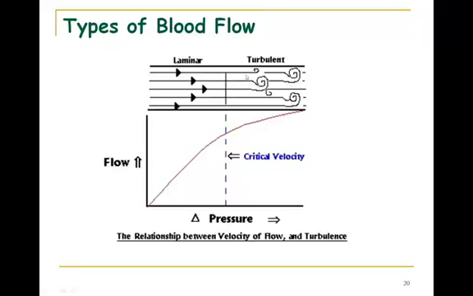It's kind of choppy, not nice and smooth. With laminar flow, which is mainly what we're going to have in our circulation, the blood flows in sheets, in layers, one on top of each other.